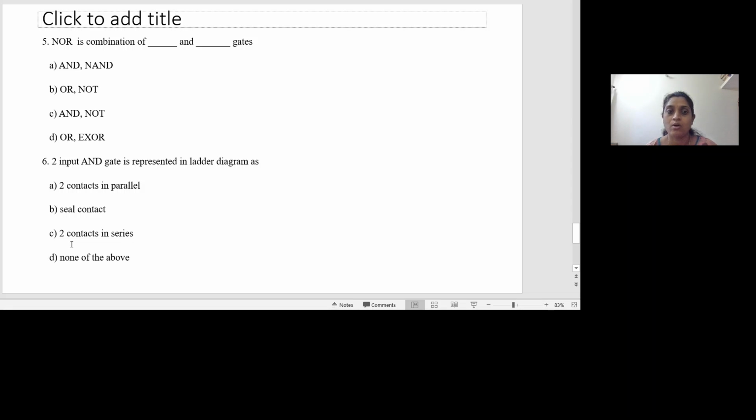That is one part of the conversions, and I will also be giving you the ladder diagram and how you can convert it back into the logic circuit. So these two types of conversions between logic circuit and ladder diagram we will take up in the next session, and thank you.